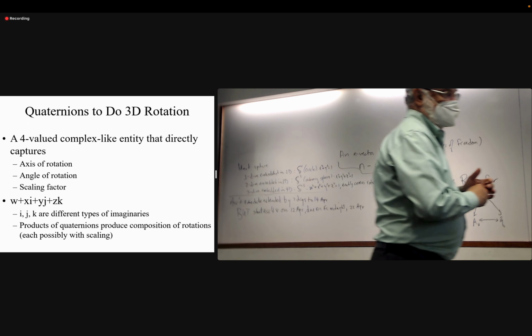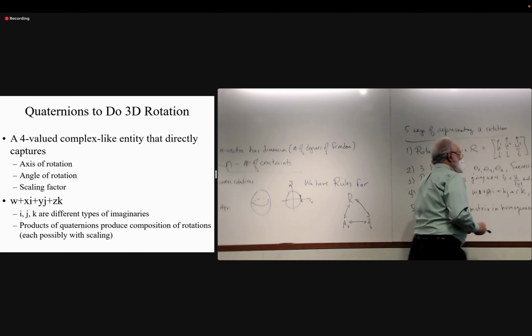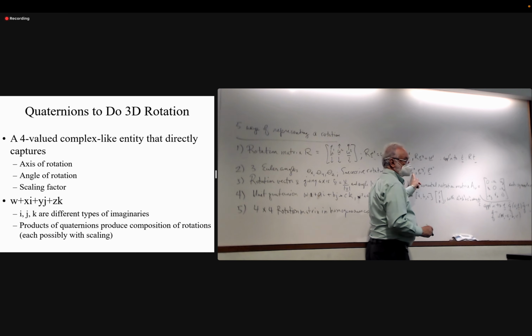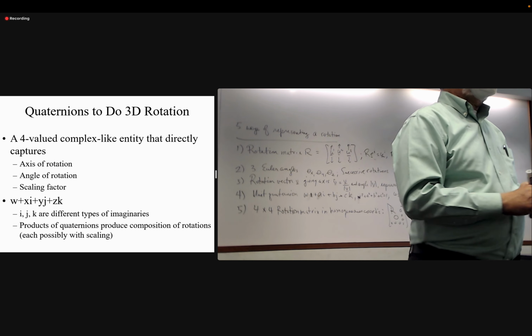Okay. The next representation we talked about, but that I don't recommend you're using, but you need to know about, is 3 Euler angles. Rotation about the x-axis, then the rotated y-axis, and then the doubly rotated z-axis by theta x, theta y, and theta z.